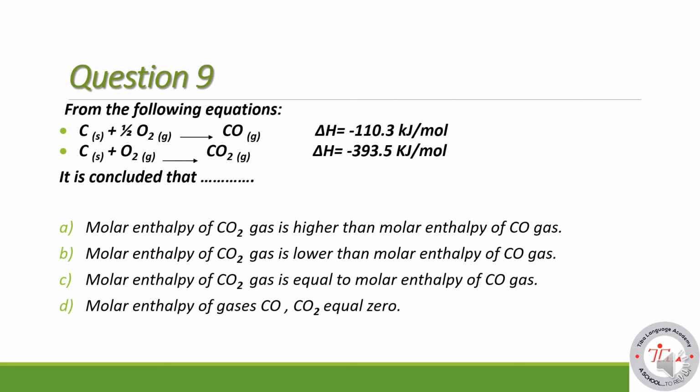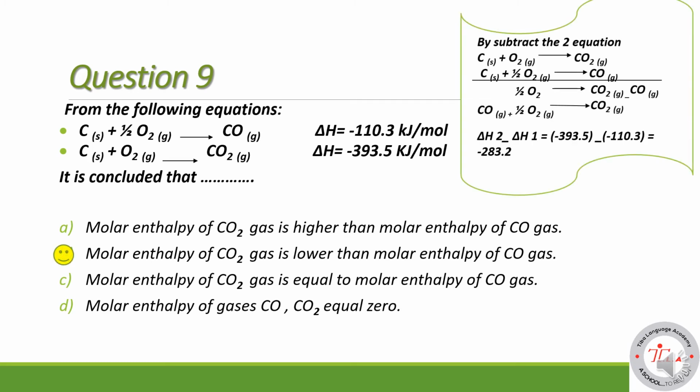Why? To solve this, we should use Hess's law, by subtracting the two equations, equation number 2 minus equation number 1. It will form CO plus half O2 equals CO2.